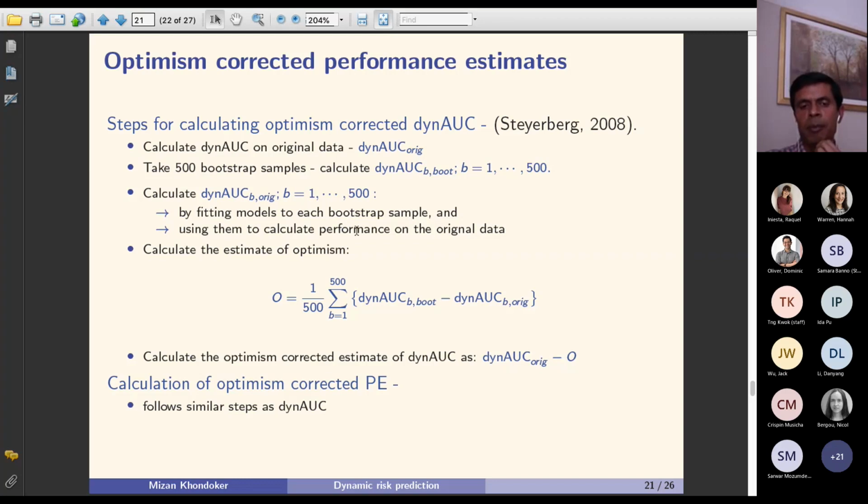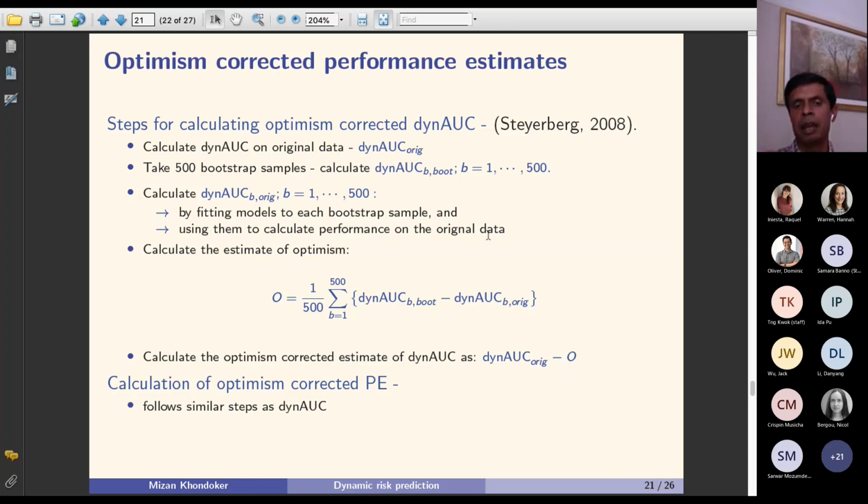So the idea of the optimism correction is that you fit the model on the bootstrap sample and then evaluate performance on the original data. The difference between this and that will be the amount of optimism. So fit the model to each bootstrap sample and use them to calculate performance on the original data.